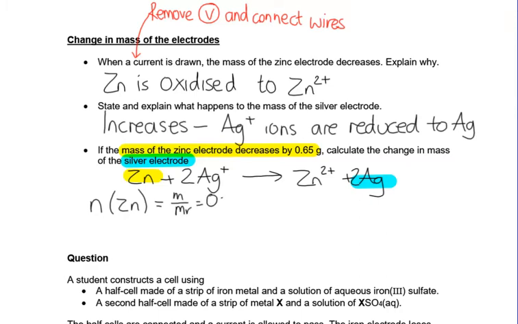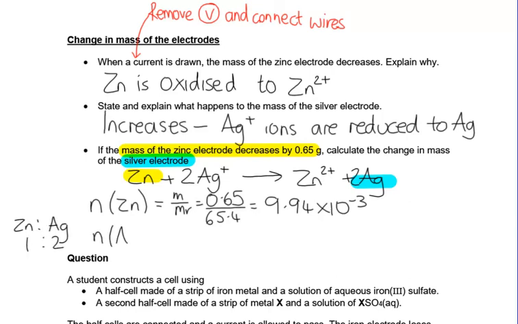So 0.65 divided by 65.4. Work that out on your calculator. And then you could use the ratio of zinc to silver, which is 1 zinc makes 2 silvers.